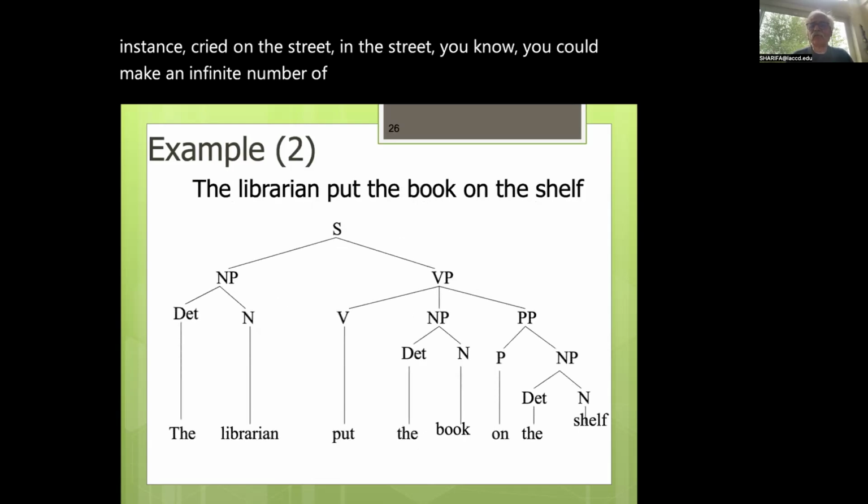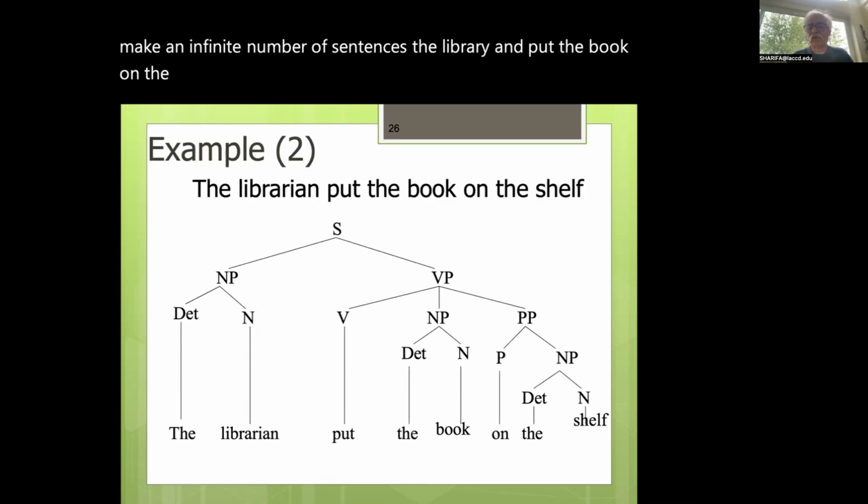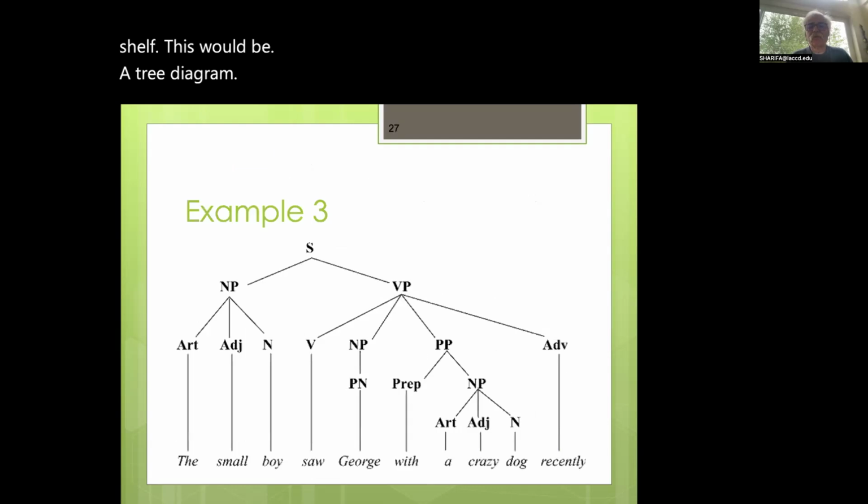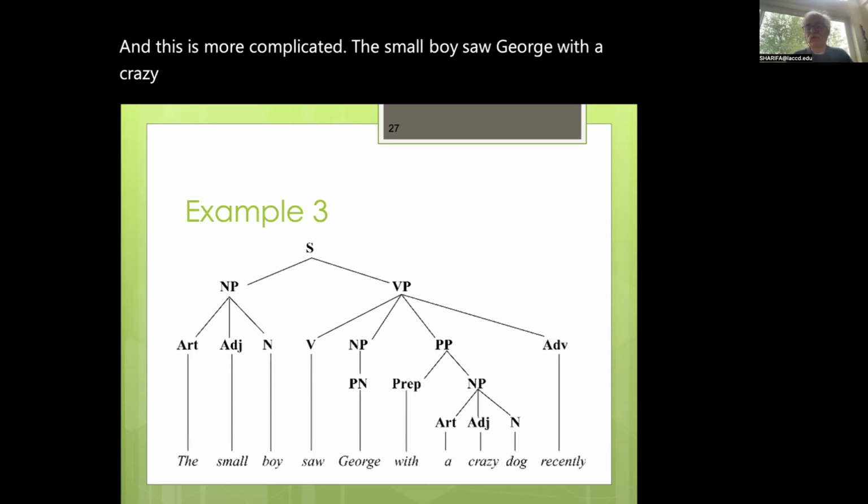The librarian put the book on the shelf. This would be a tree diagram. And this is more complicated. The small boy saw George with a crazy dog recently.